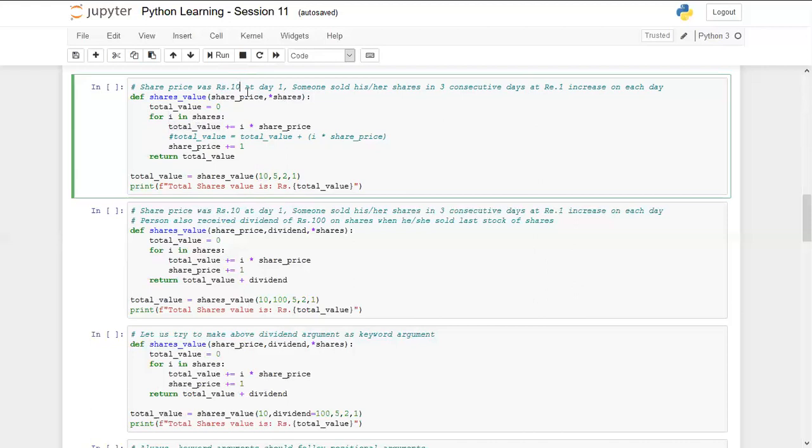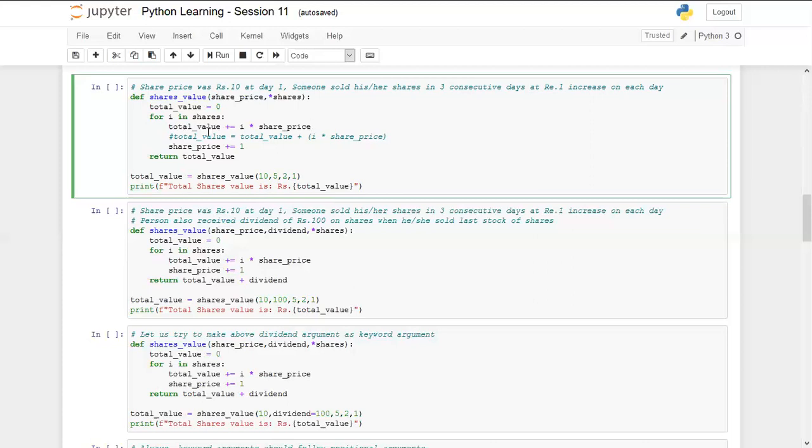And then the number of shares are coming as 3 arguments, as the person sold shares on 3 consecutive days. On the first day the number of shares was 5, on the second day it was 2, and on the final day it was just 1.